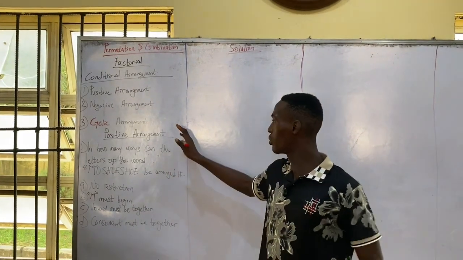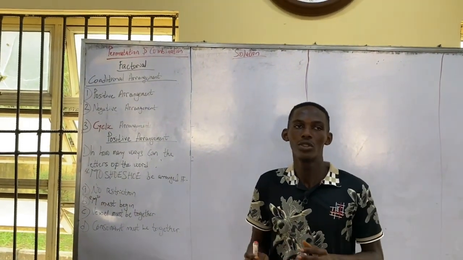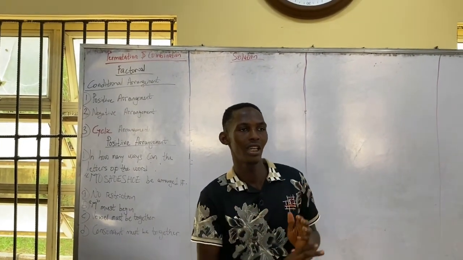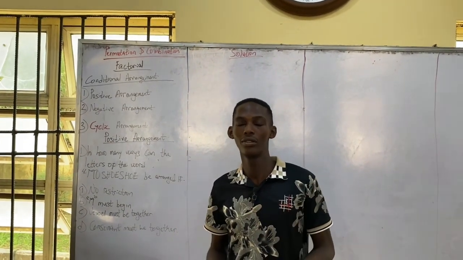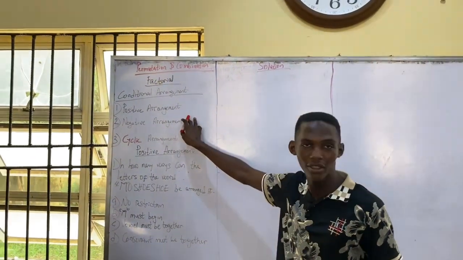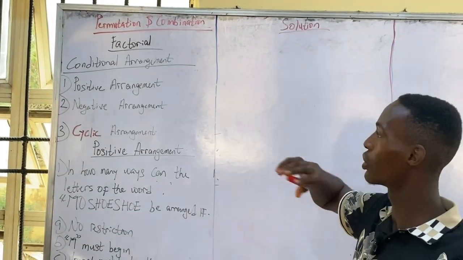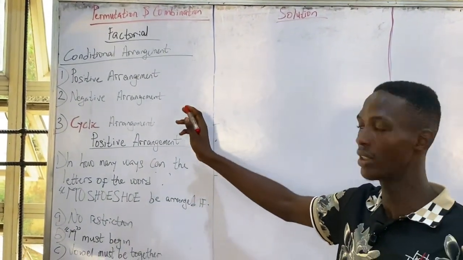I want you to know that this video is a long journey, so I need to keep breaking it down into different intervals. We are still under factorial. We've done no restrictions, that is normal arrangement of objects.